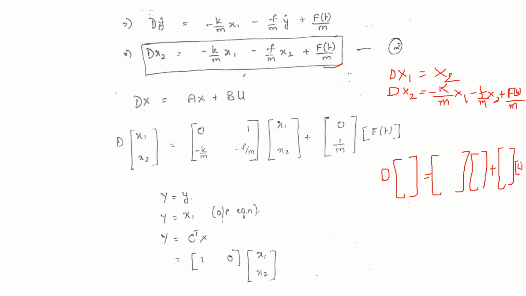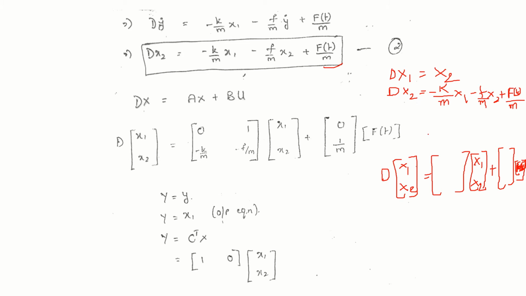Here in the state model, we have a state vector with two variables, x1 and x2. We have only one input, that is f of t. Now look at the right hand side.